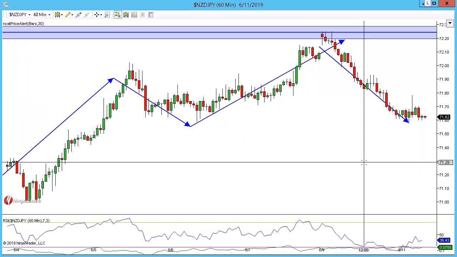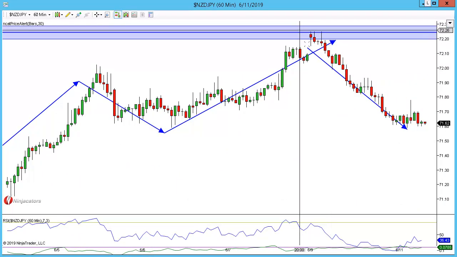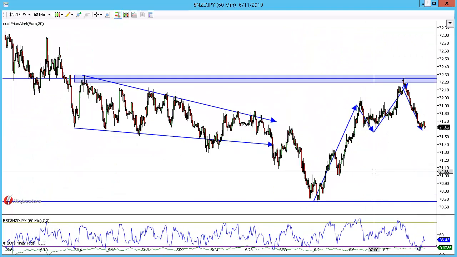Let's go and look at this on the 60. Yeah, I like it on the 60. You can see on the 60, still valid. We've still held that structure area.